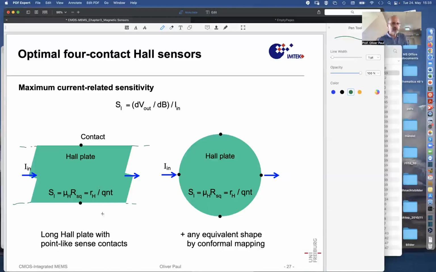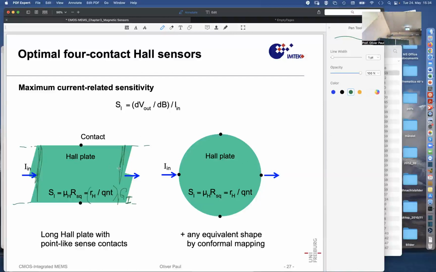As soon as you make this long plate shorter and shorter, you will be worse and worse. So the sensitivity will no longer be SI, but it's going to be this prefactor multiplied by a geometry factor that we could call GI. For a plate that is only that long, with contacts right here, the proximity of the contacts has an effect.